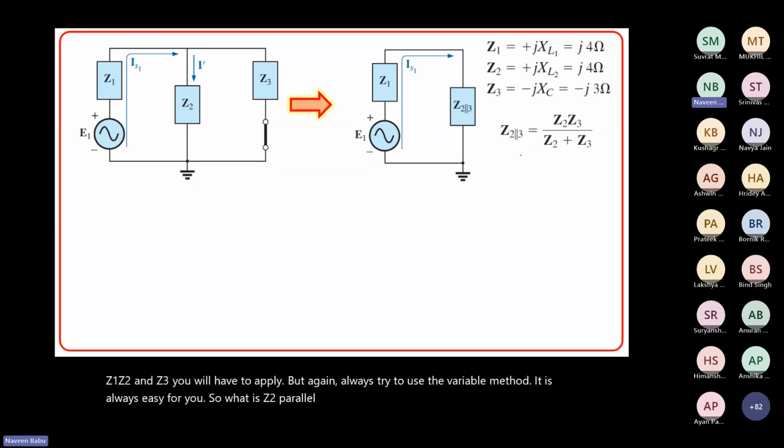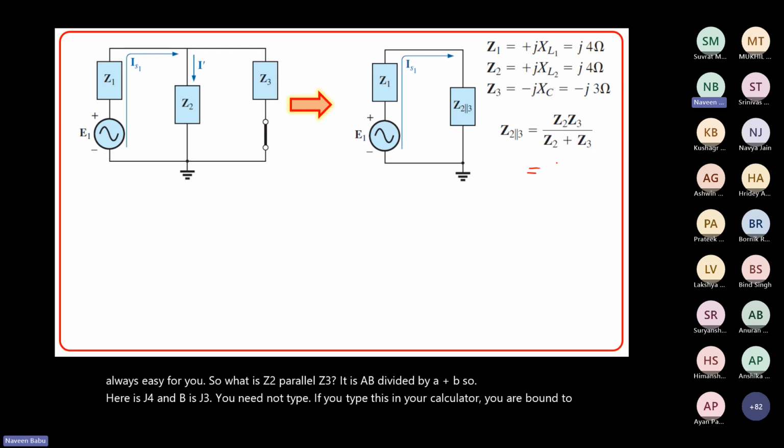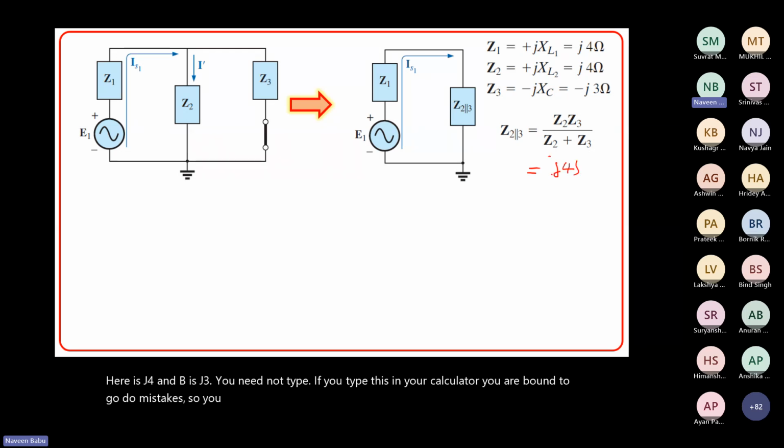Z2 parallel Z3 is AB divided by A plus B, where A is j4 and B is minus j3. You need not type it all at once. If you type this in your calculator, you are bound to make mistakes. So you will type j4 multiplied by minus j3, and if you are using the fraction method, it is always easy.